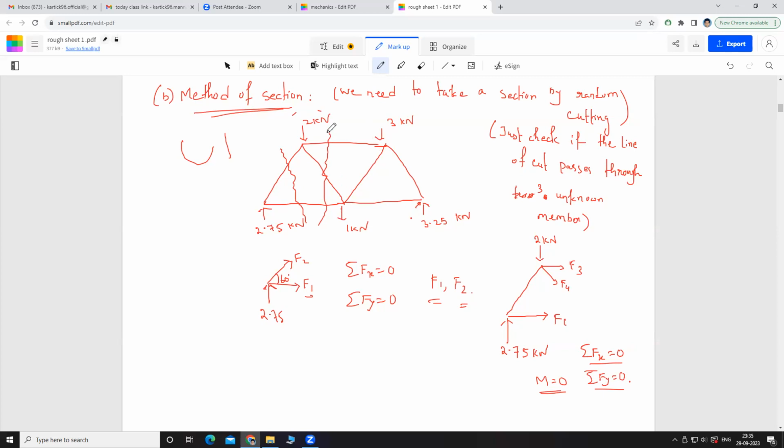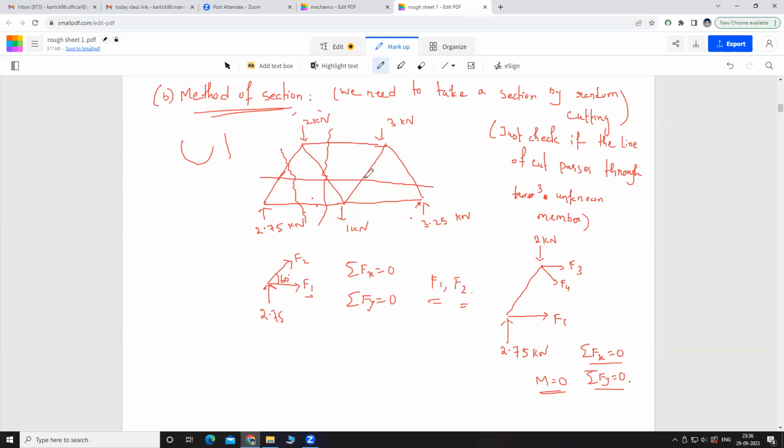So actually, instead of this line, after cutting from here, these two we know, right? Just cut from this section. If we cut from here, you can take any one, the upper one or lower one, anything.